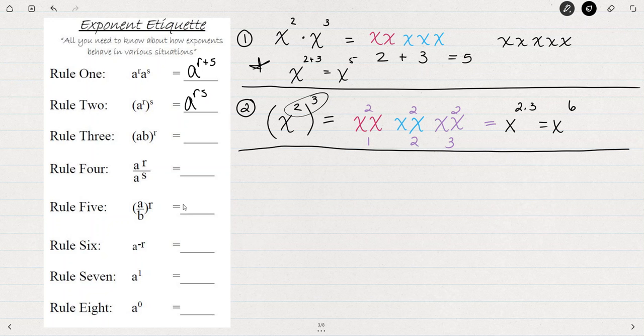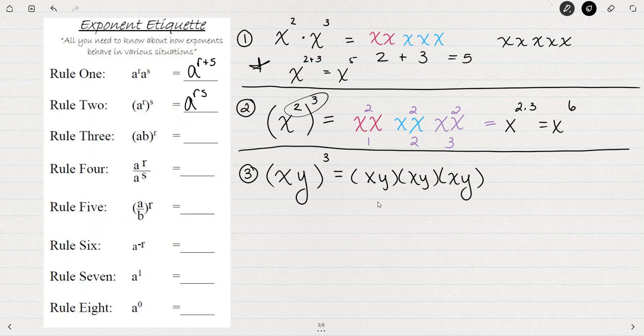Rule 3, and how exponents could be expected to behave. If we had our x, and this time let's multiply it times a y, and let's raise that to the 3rd power. Do you see that that would be xy, xy, xy, right? Xy cubed is xy times itself 3 times.